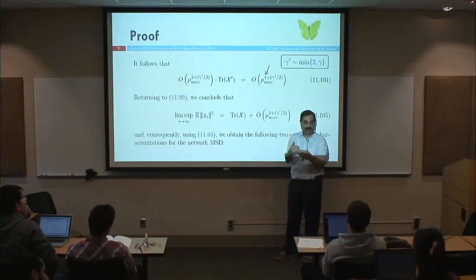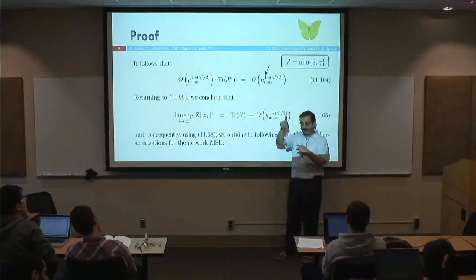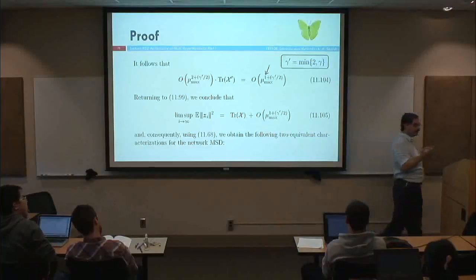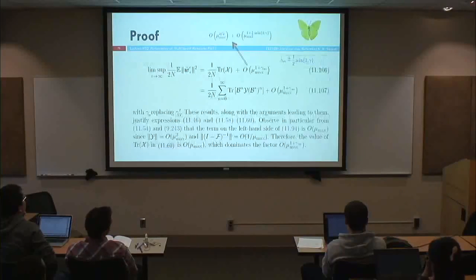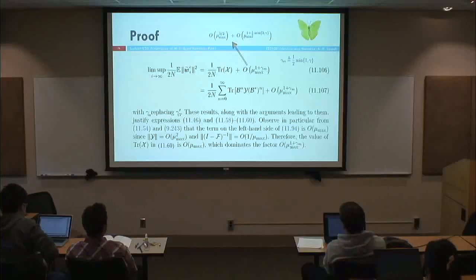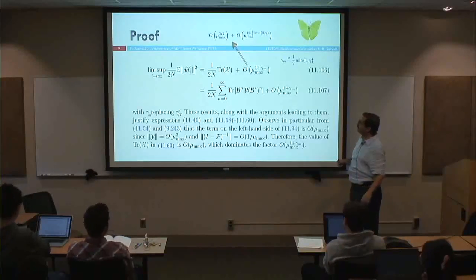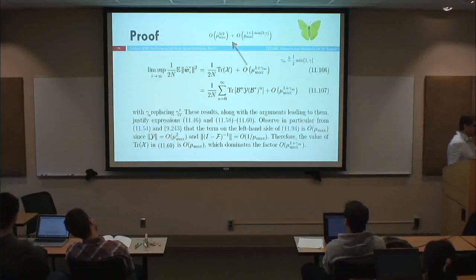So the norm will be mu. And then you use a similar argument to conclude that the trace is mu. So this first term is of the order of mu. Okay? Fine? Okay? So that's it. Okay, and then I group, right?